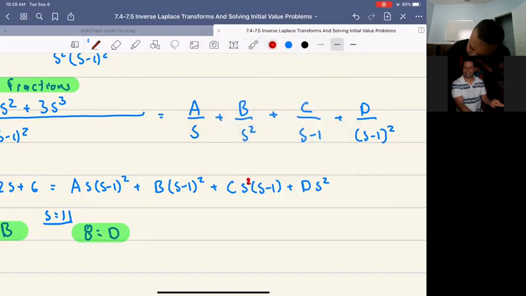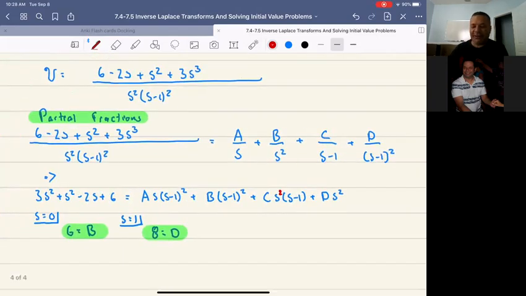This should be s squared. Thank you, I know some of you were yelling at the screen for that, but I caught it. I knew, because the s cubes weren't going to match up with what I wrote down yesterday. So let's match s cubed.